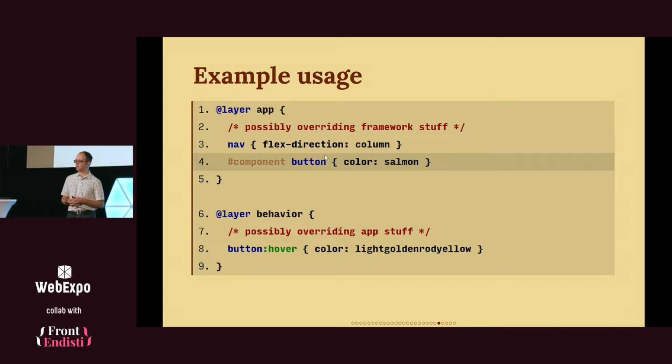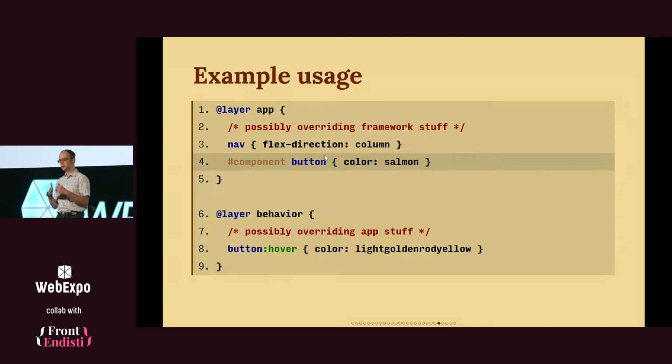Note that I'm not really interested in the specificity stuff. The framework might be using selectors, using IDs, tag names, class names, pseudo-classes, and so on. And that's really none of my concern, because my own layer, where I define my own styles, is one layer higher, so automatically overriding all framework stuff. That would be line number 4.